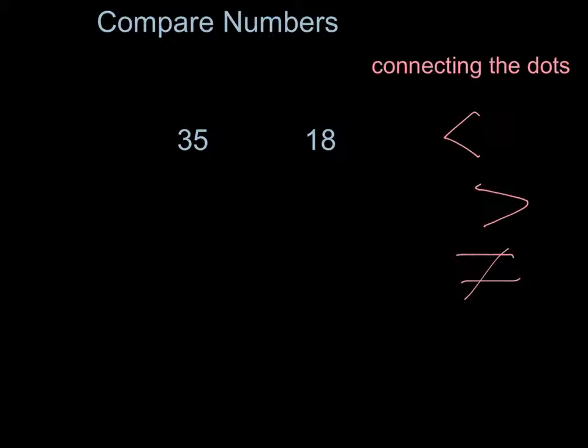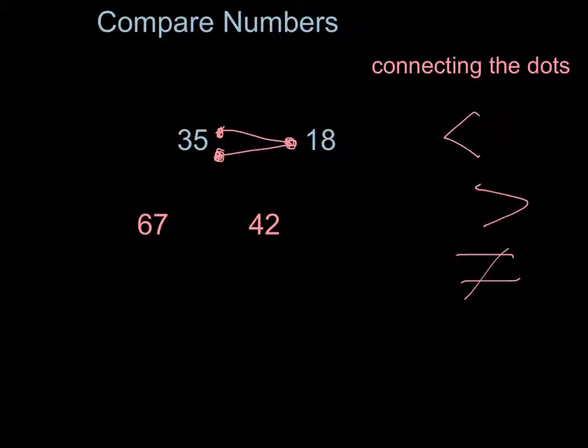So 35 is the greater value, so I'm going to draw two dots on 35, because that's a greater value, and then just one dot on the 18, because that's the smaller value, and then we just connect those dots, and that tells us which way the symbol should go. So that's connecting the dots.